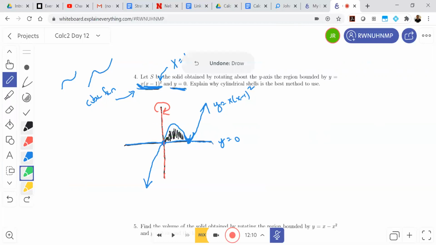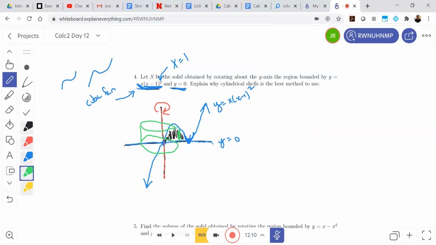Or we could do this method, taking a vertical line, revolving it to create this cylindrical shell, which I'm going to redraw because that was terrible. But getting a cylindrical shell that kind of looks like this.